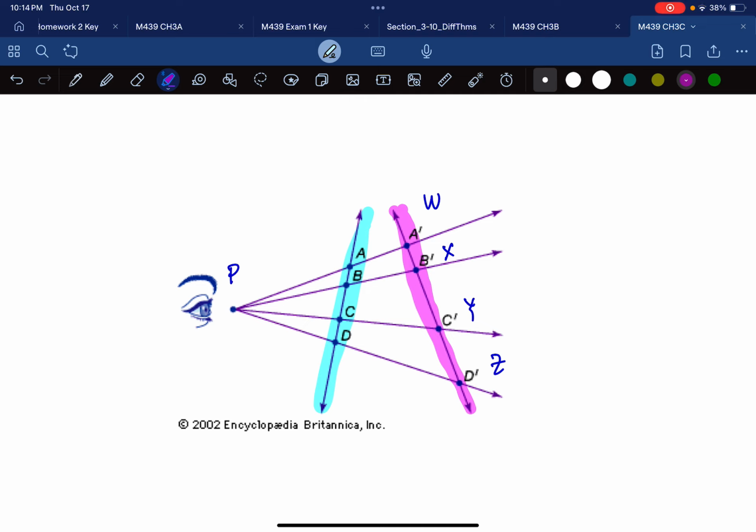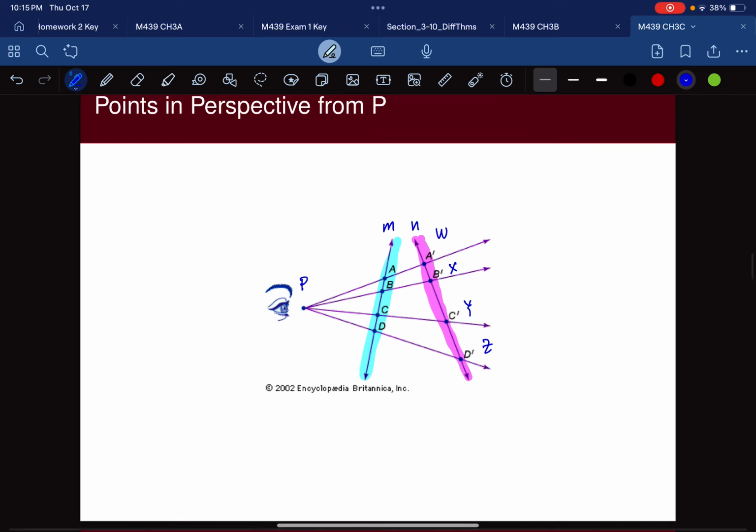Let's say these points are on line M, and these points are on line N. So the points on line M would be indistinguishable from the points along line N to the person whose eye is looking from point P. So that's what it means to be points in perspective, if they're indistinguishable from the point of view of the viewer. It's kind of a vague definition, and so your author does a nice job of cleaning it up. But I wanted to give you that view first of all.